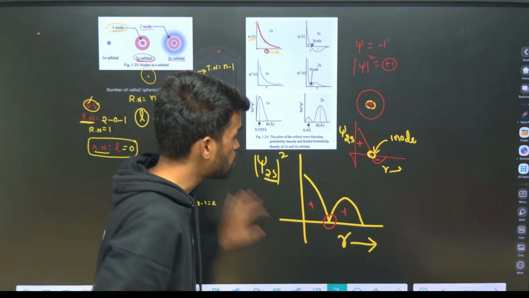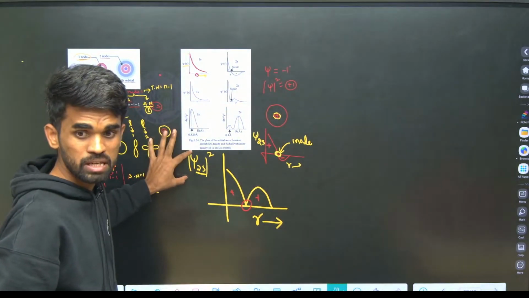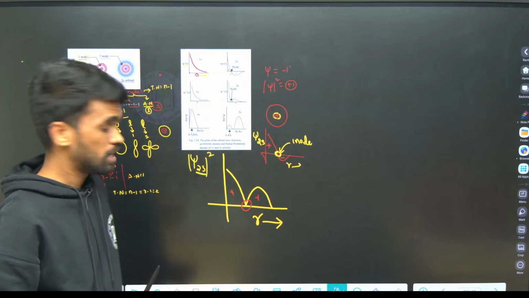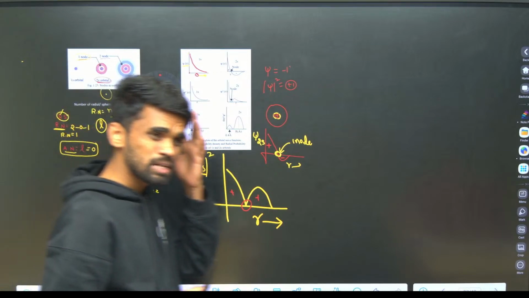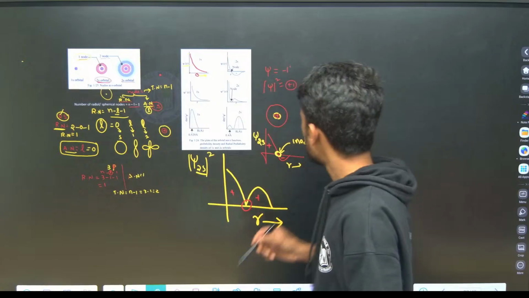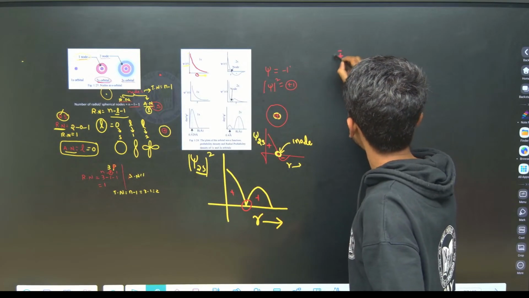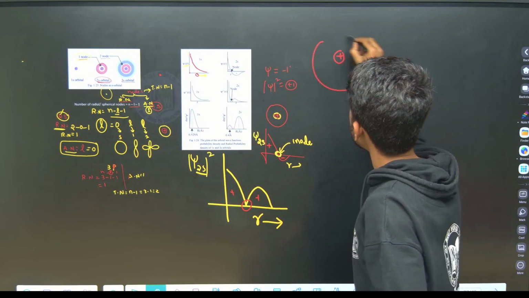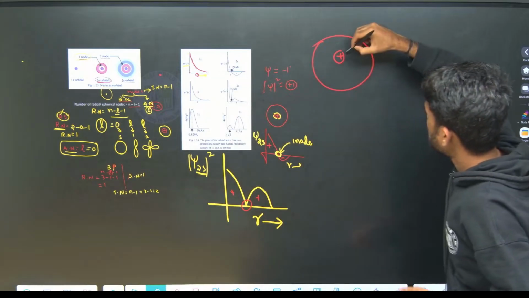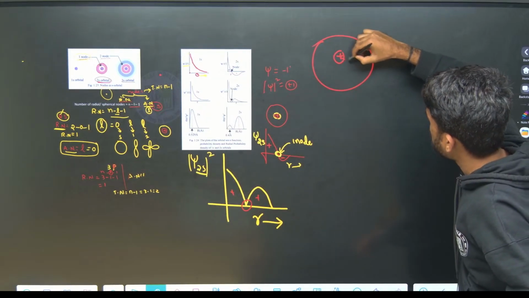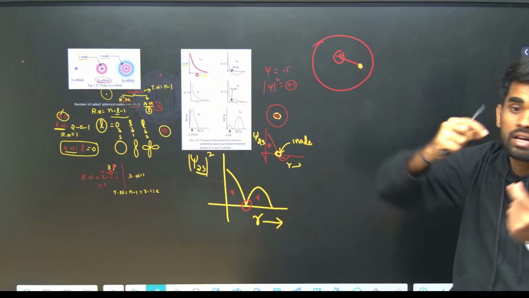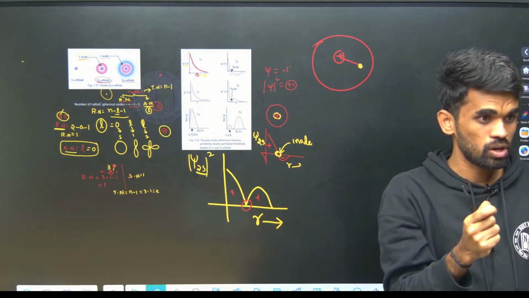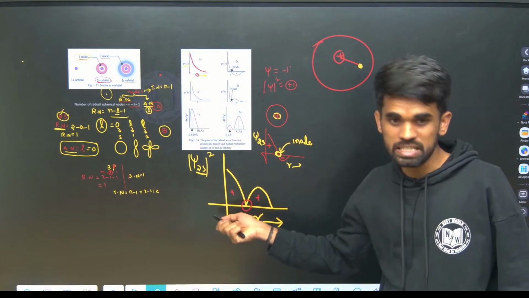Next we have the probability distribution curve. What are probability density and probability distribution? If we have a nucleus here, this is the space around the nucleus. From this nucleus, at a point r, the probability of finding an electron is given by the probability density.